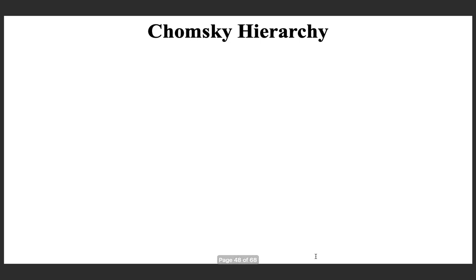And now we are moving to the last slide of this lecture, where we are going to look at the Chomsky classification of formal languages. If you recall which languages we studied, we started with the class of regular languages.